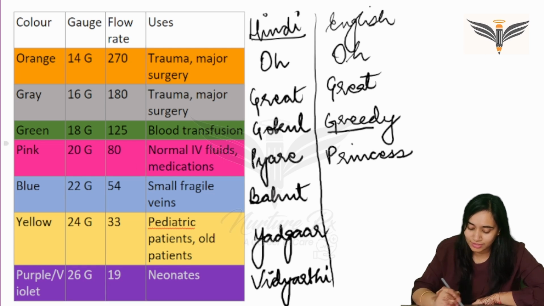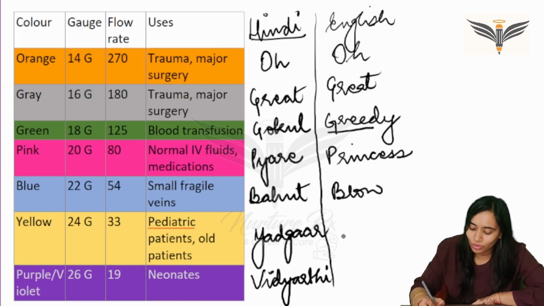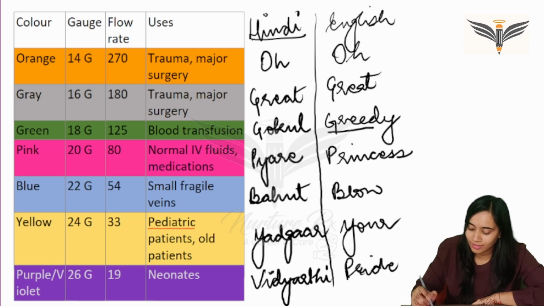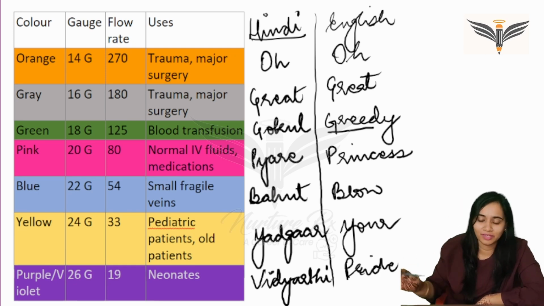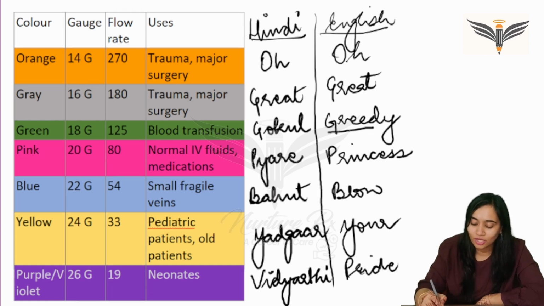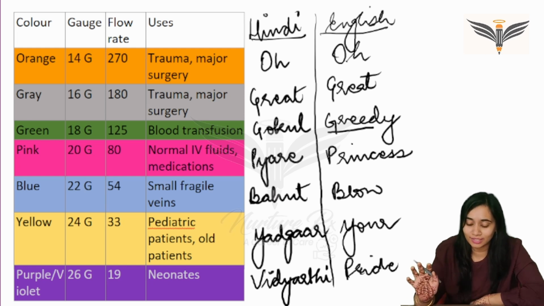Okay. So oh great greedy princess, blow your pride. Right, so you're asking the princess to keep away her pride. So in English it is, oh great greedy princess, blow your pride. So these are the mnemonics for this cannula.